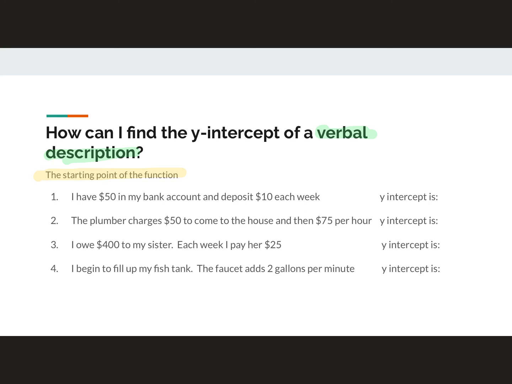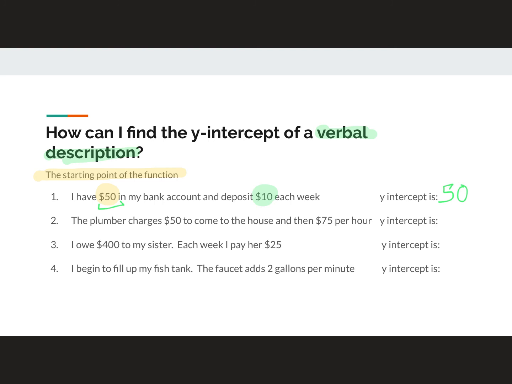So we have two different numbers here. We have $50 and we have $10. Which one is where I start? Well, I start with $50 in my bank account. So the y-intercept is 50.